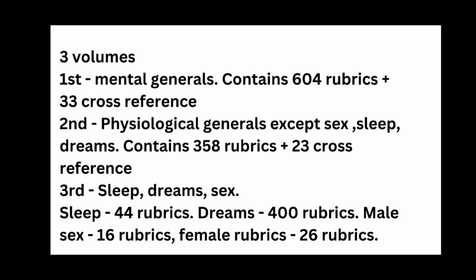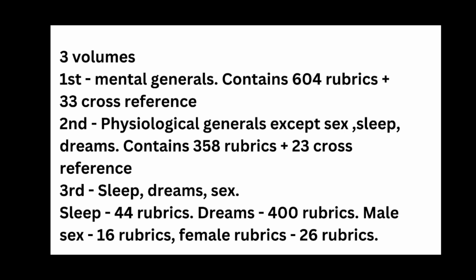So, it has 3 volumes. First volume contains mental generals. The first volume contains a total of 604 rubrics plus 33 cross references. Second volume is limited to physiological generals, except sex and sleep and dreams.